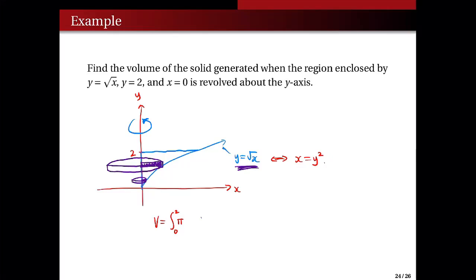It's from this up to this. This is x equals 0. This is x equals y squared. So from x equals y squared up to x equals 0, that will be the radius.